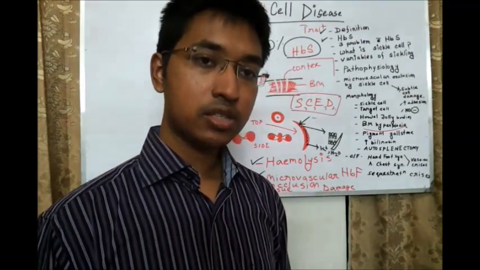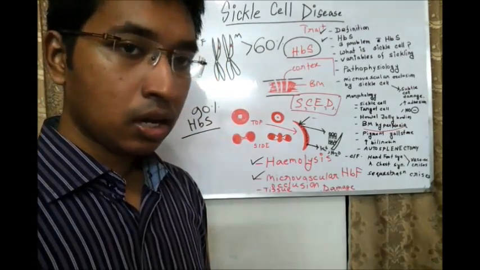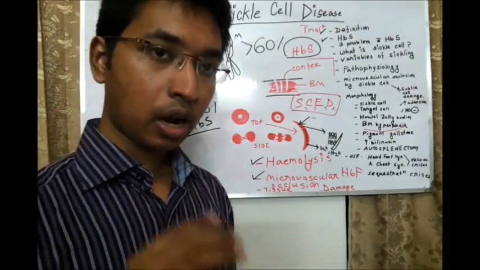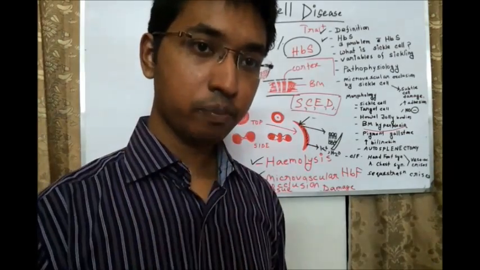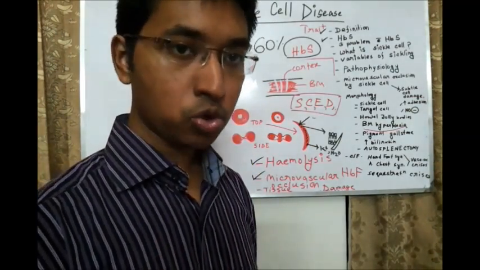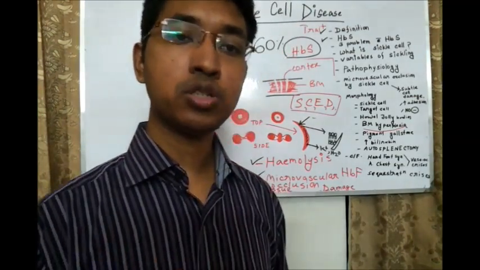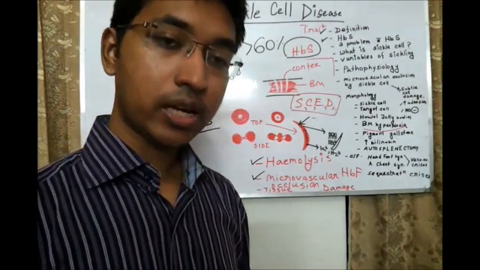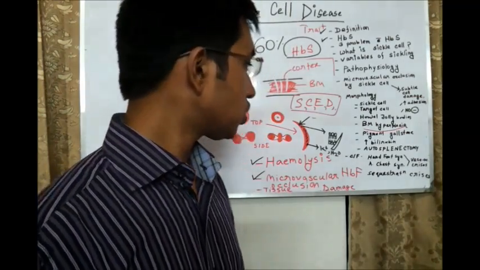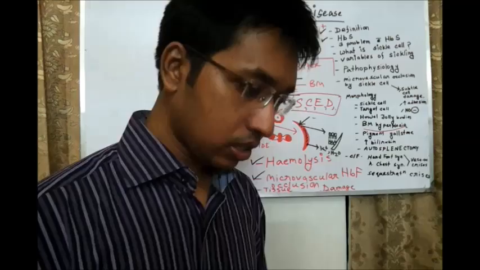Okay, another factor is the pH. When pH falls, when RBCs are in an acidic environment, they are encouraged to dump oxygen more, so they become more deoxygenated, and that will promote sickling. Okay, so that is another important factor for sickle cell disease.